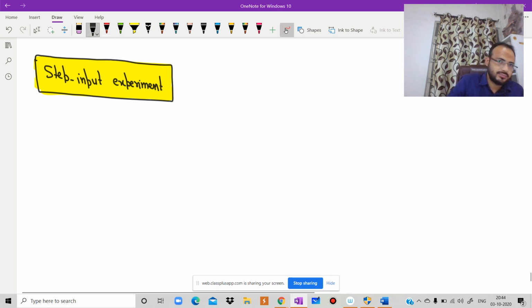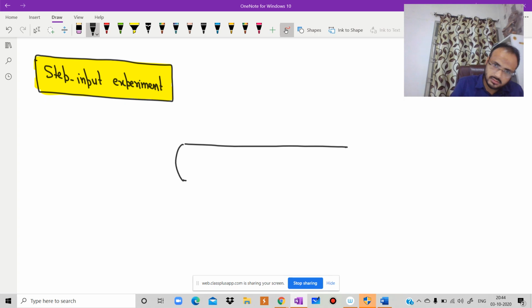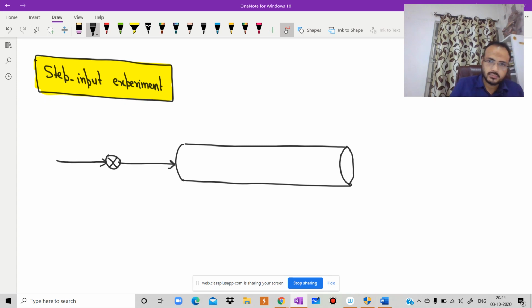Again we have a non-ideal reactor. Again we have this reactor. It is the feed, it is the effluent.